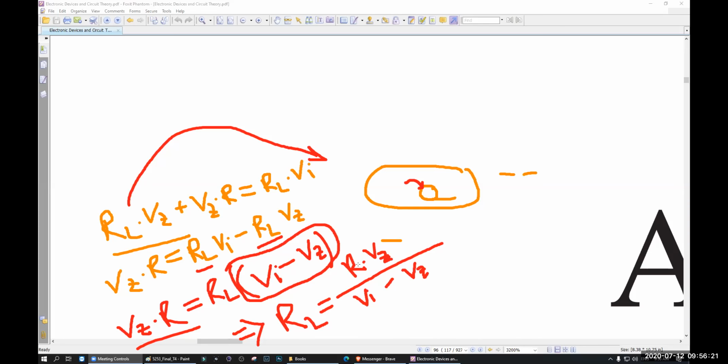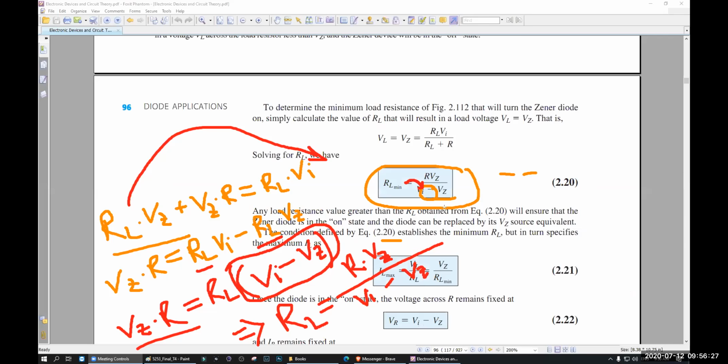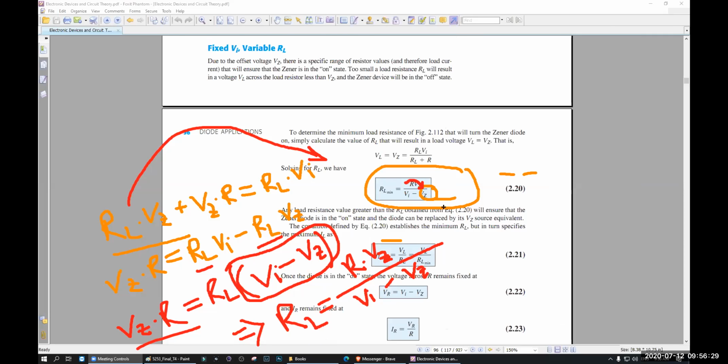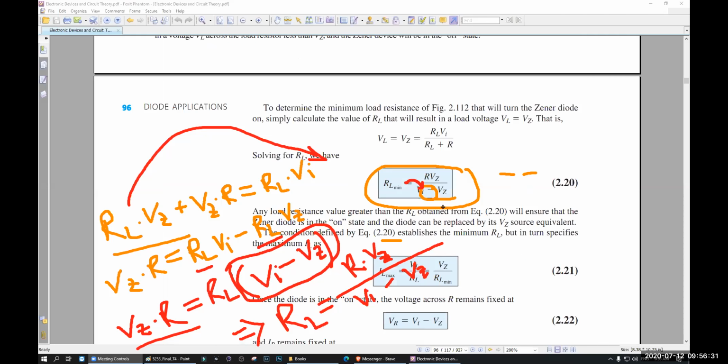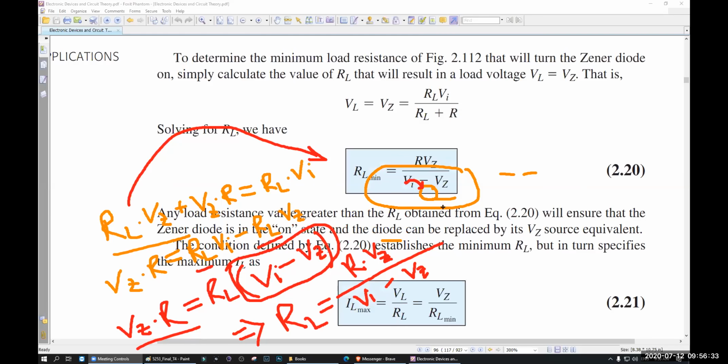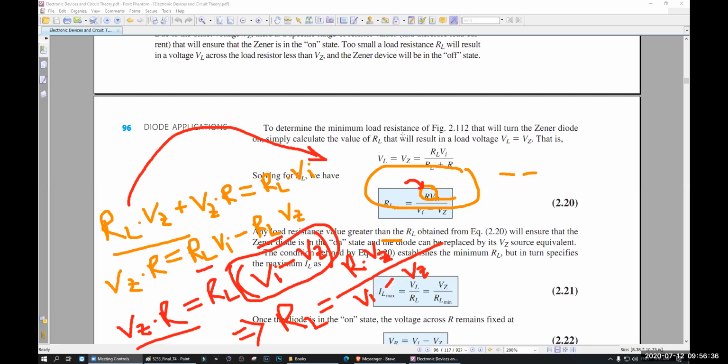RL is equal to R VZ divided by VI minus VZ. That is the formula shown in your book. RL minimum equals R VZ over VI minus VZ. Okay, understood?